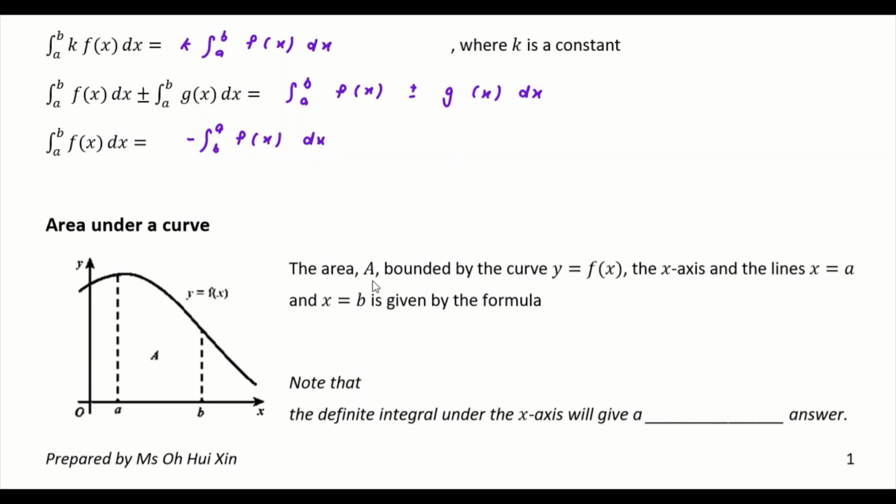This is the area bounded by the curve y equals f of x, the x-axis, the line x equals a and the line x equals b. When we want to find this area, we do A equals, remember, the lower limit to the upper limit, so from a to b.